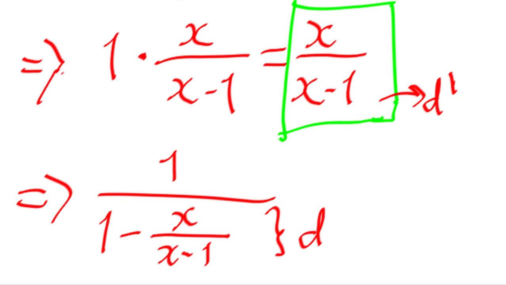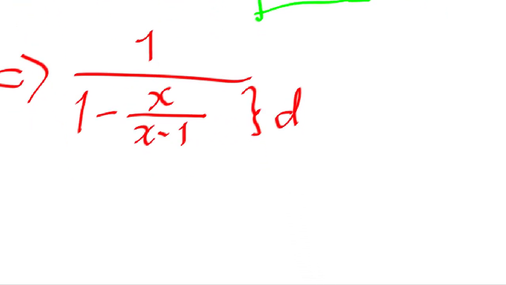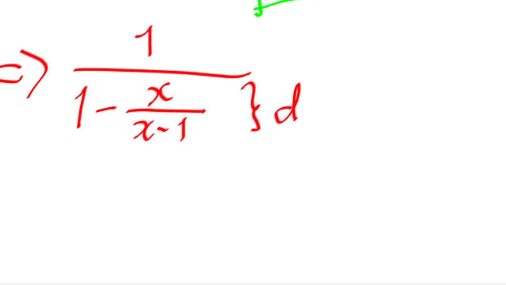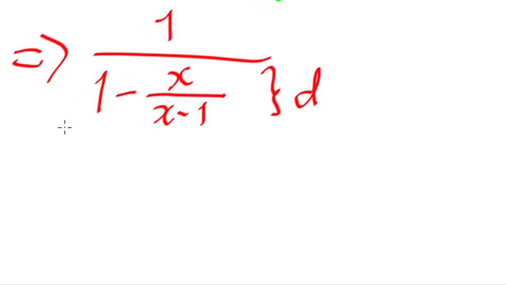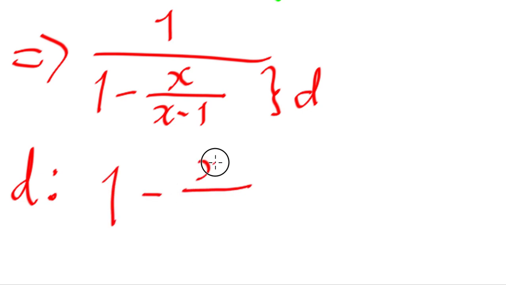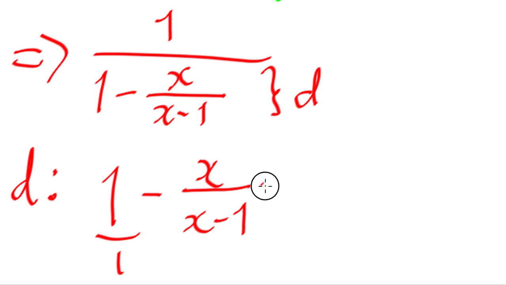Okay, so let's put a separate thing for that. How do we simplify the d? Let's write it: 1 minus x all over x minus 1. So let's find the LCD. You can imagine 1 is 1 over 1. I think you know that already.